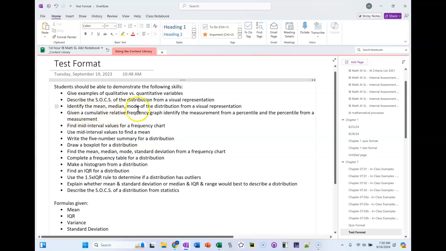Given a cumulative relative frequency graph, identify the measurement from a percentile rank and the percentile rank from a measurement.